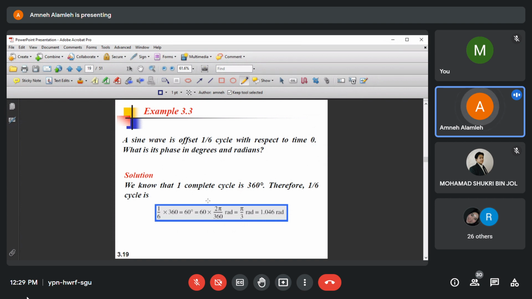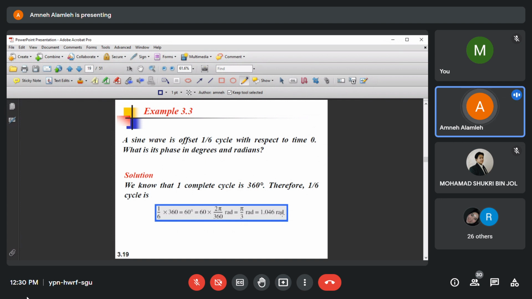Therefore, 1/6 of a cycle is 1/6 multiplied by 360, so the phase is 60 degrees. 60 degrees multiplied by 2 pi over 360 is equivalent to 1.046 rads.